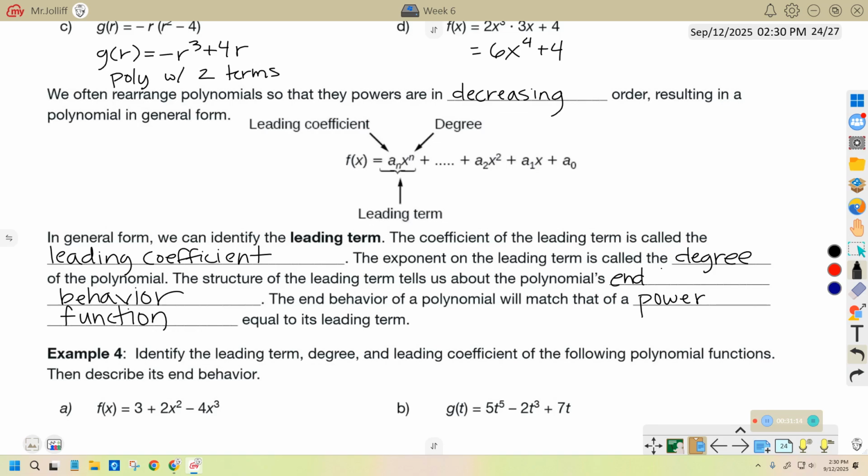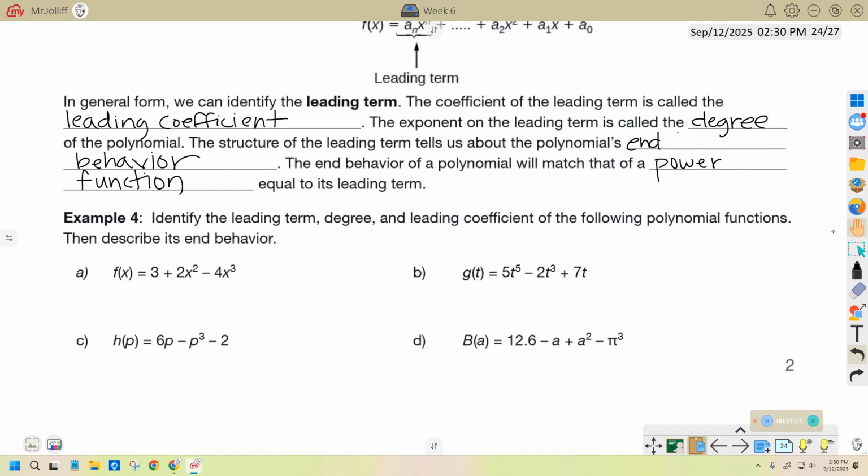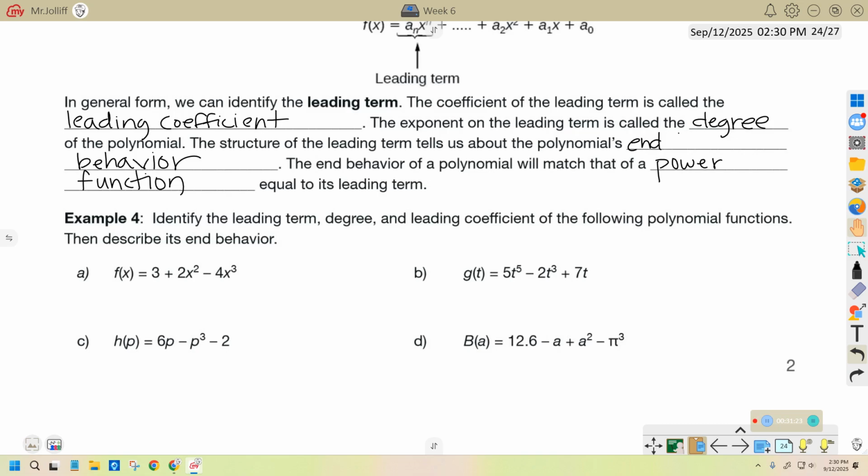So we're going to do some examples and then we'll be done for the day. All right, so we've got four examples here. We want to identify the leading term, degree, leading coefficient, and then describe its end behavior. That is a lot. I'm going to do one with you. I'm going to have you guys try some on your own.